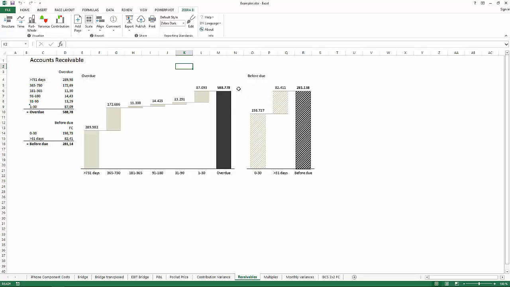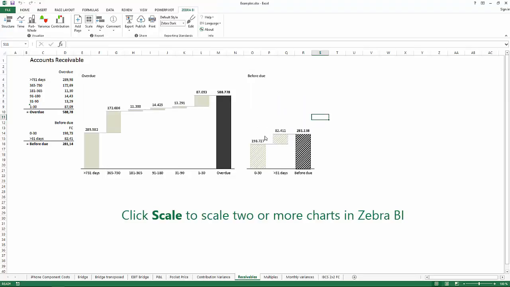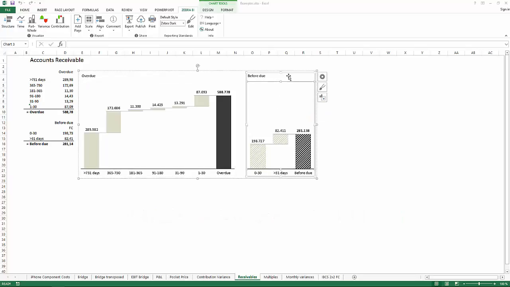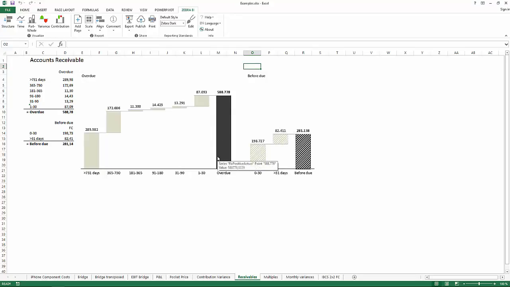But now you need to make sure that these are scaled. This is overdue receivables, it's 580. This is 281. So you click here, shift click here, and you scale the charts. And now this is rendered in the same scale. This is how you get correctly visualized charts. Whenever you're using more charts that are displaying the same KPI, there's a very good chance that you will have to scale the charts, right?